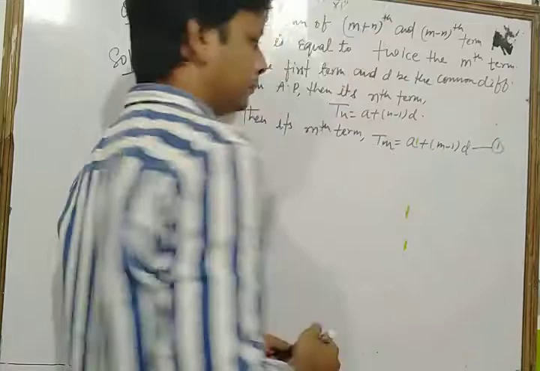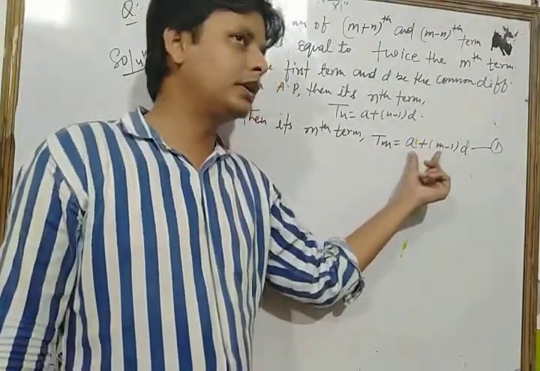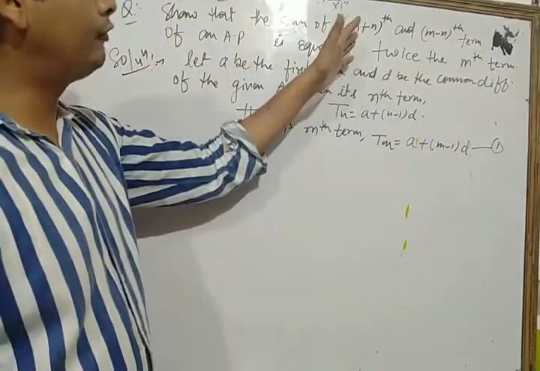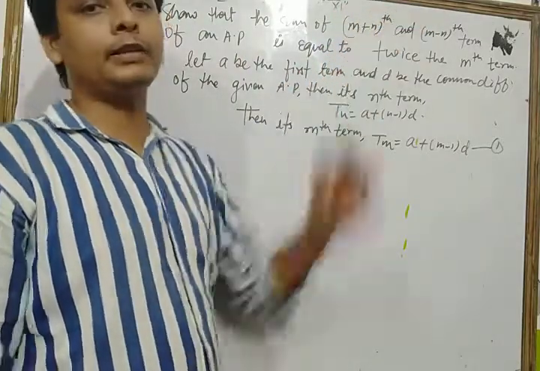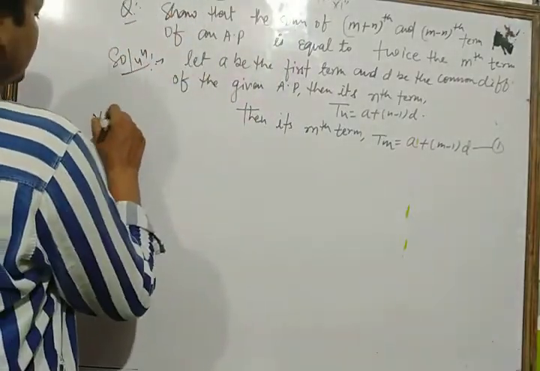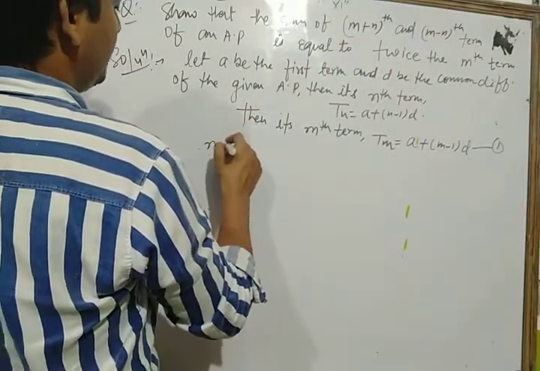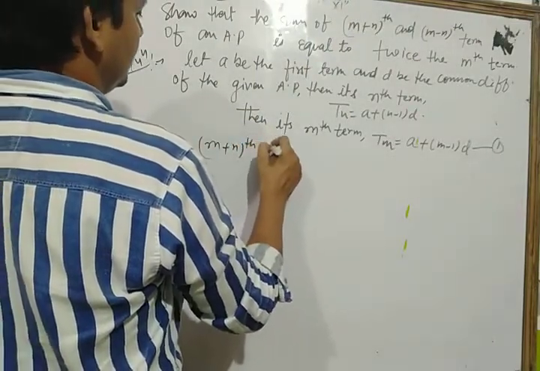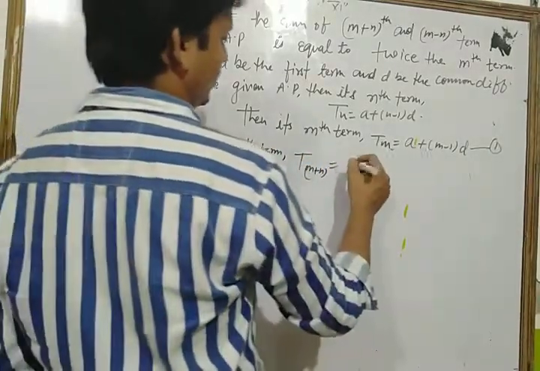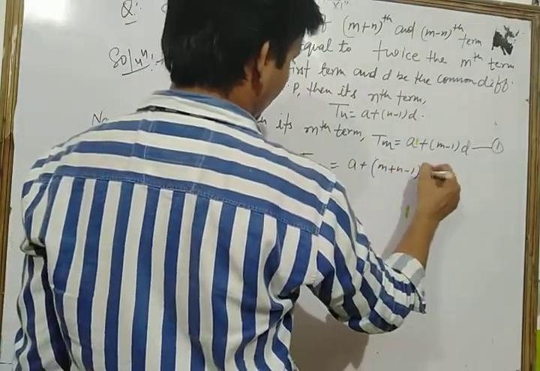Take this as equation number 1. The mth term of this AP is a plus (m minus 1) into d. Now dear students, we find its (m plus n)th term and (m minus n)th term. Then we find their sum. The (m plus n)th term, that is T(m plus n), is equal to a plus (m plus n minus 1) into d.